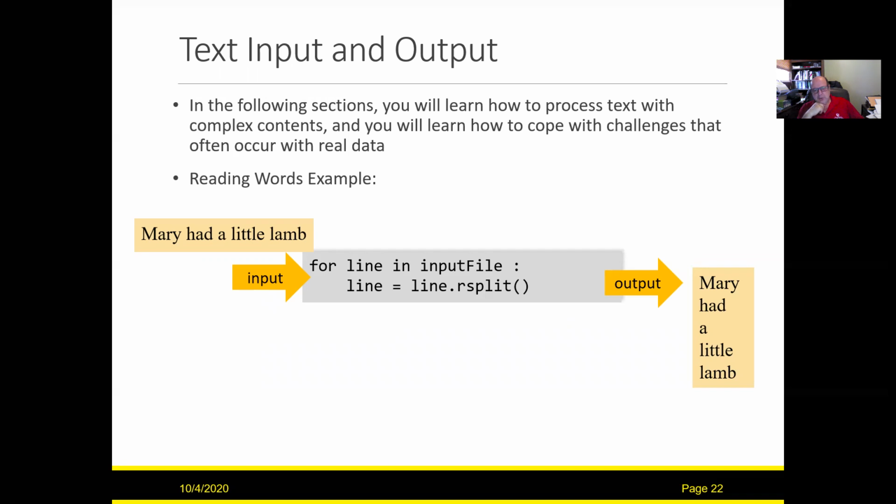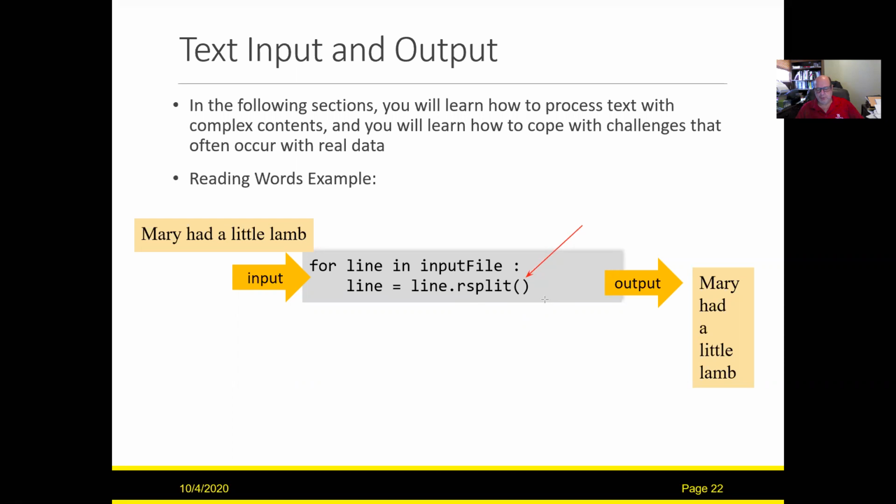And we have something called split. So we have rsplit, we have lsplit, and we have split. So we're basically going to be splitting. We can have a character here, and we can say split it based on that character.